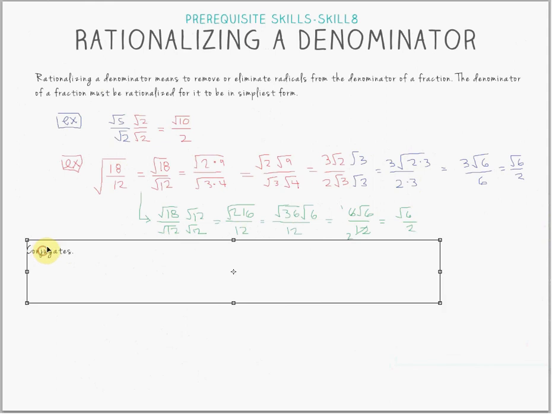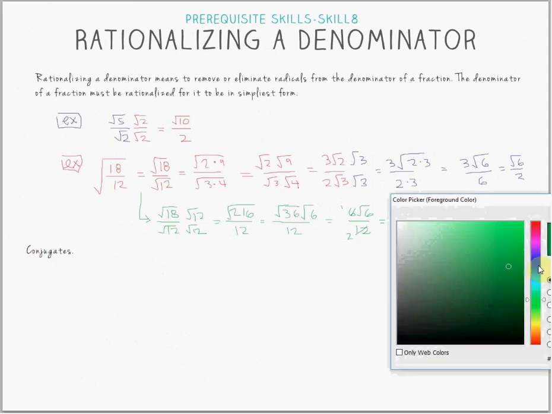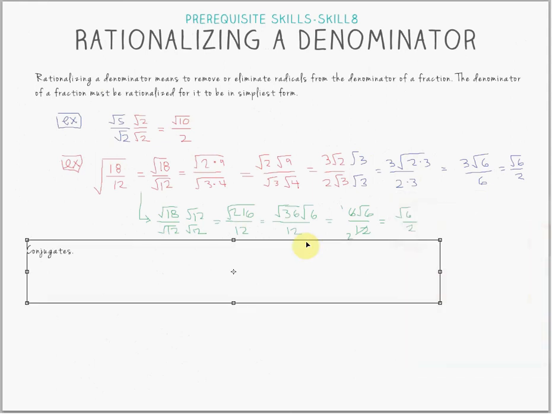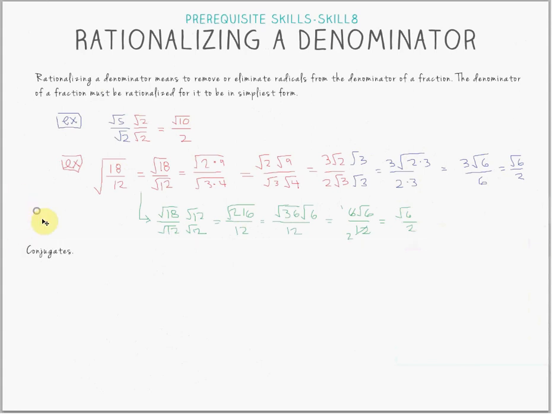Okay, so an example of a conjugate is, these colors are really ugly, sorry. A conjugate would be, if I have, let's say I have the square root of 5 minus, let's do 6 minus the square root of 5.